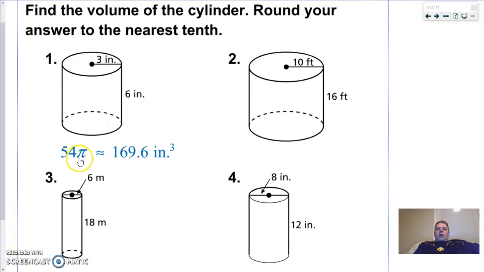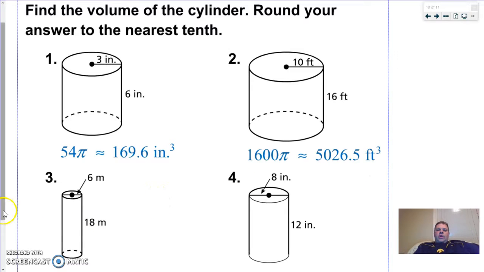The volume in cylinder number 1 is 54 pi, or approximately 169.6 cubic inches. In problem number 2, it is 1600 pi because we take 10 times 10 times 16, then times pi, which is approximately 5,026.5 cubic feet.